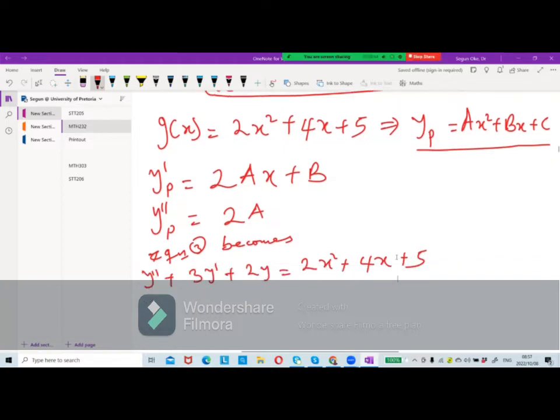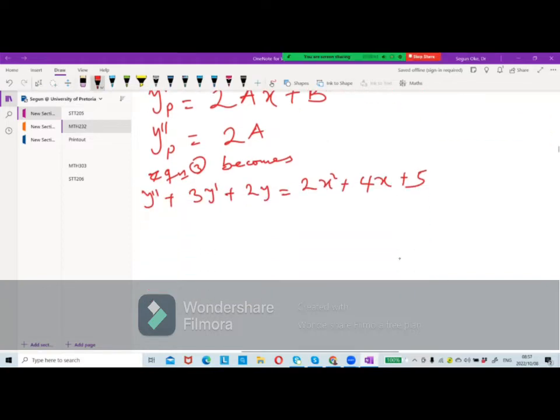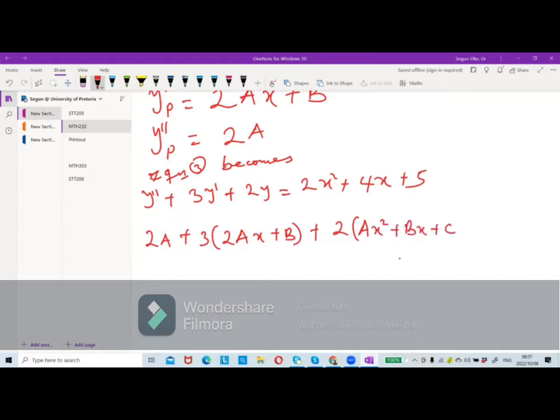So now let's substitute into this equation. Our y prime prime is 2a, plus 3 in bracket. What is y prime? 2ax plus b. What is y? ax squared plus bx plus c. Everything equals to 2x squared plus 4x plus 5.